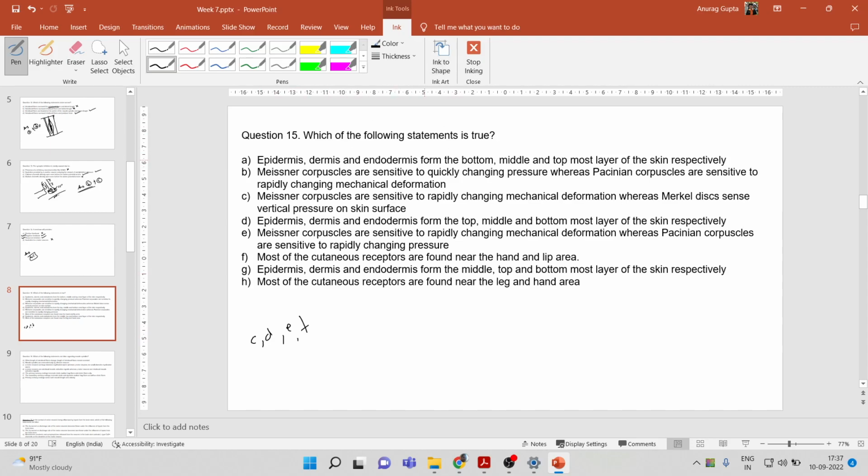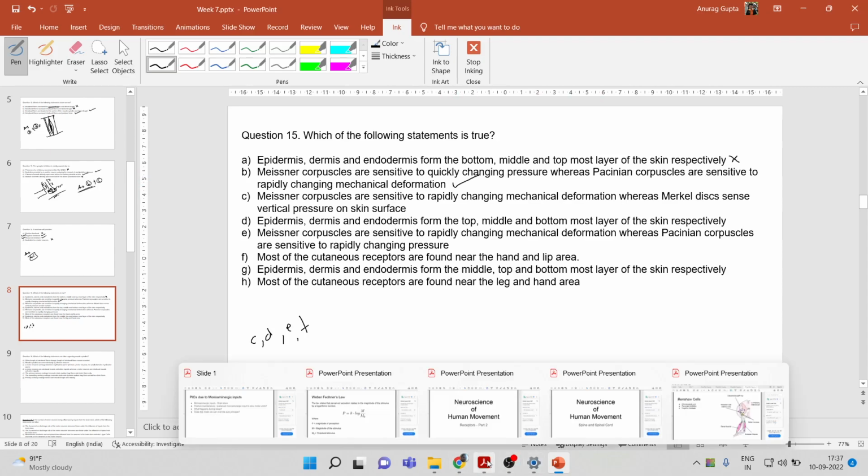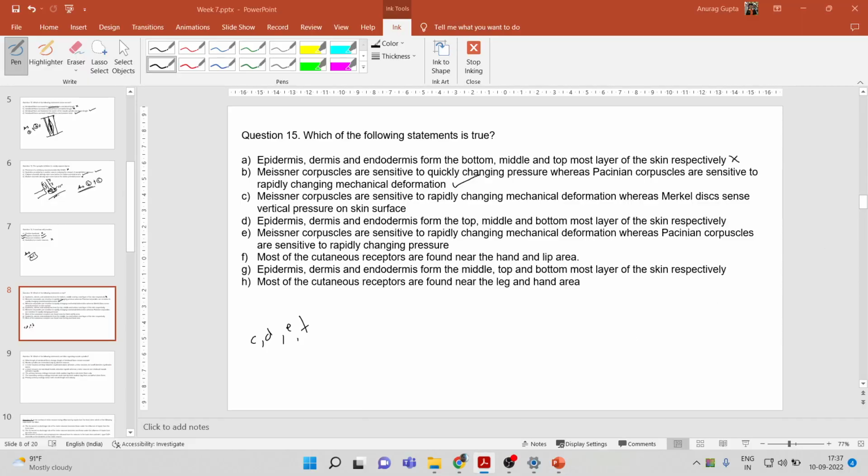Epidermis, dermis, and endodermis form the bottom, middle, and topmost layer of the skin, respectively. This is wrong. Then, Meissner corpuscles are sensitive to quick changing pressure, whereas Pacinian corpuscles are sensitive to rapidly changing mechanical deformation. This is correct. Let's just open up the slide and check this.